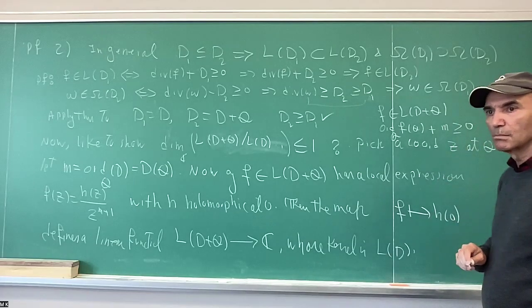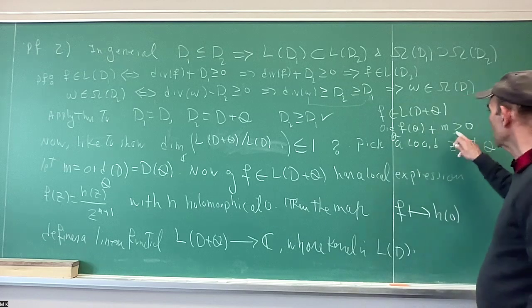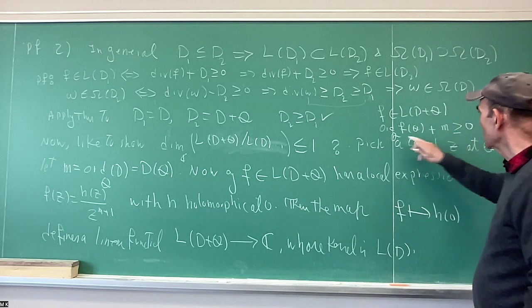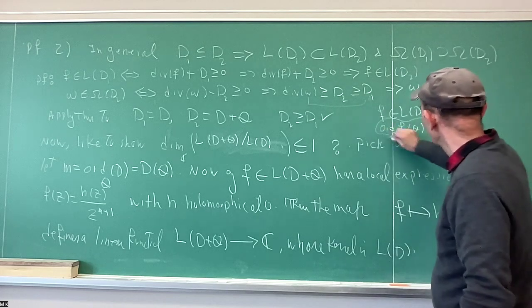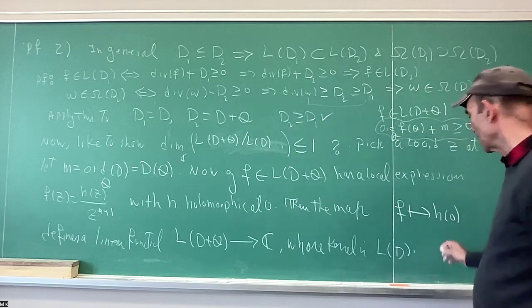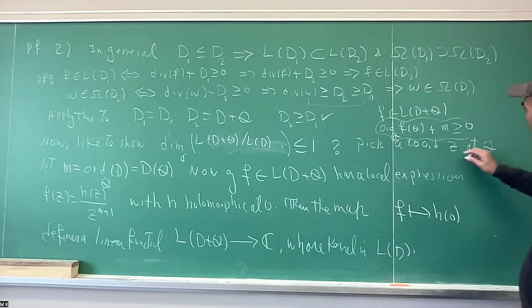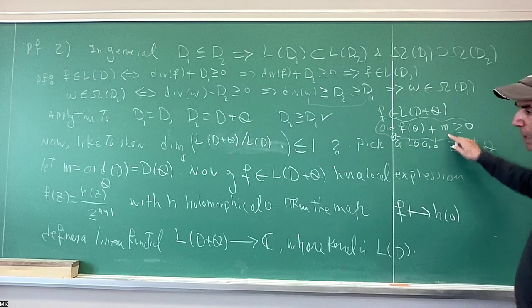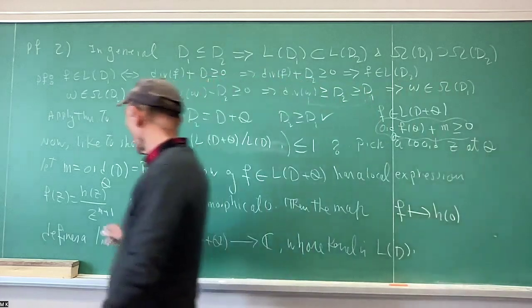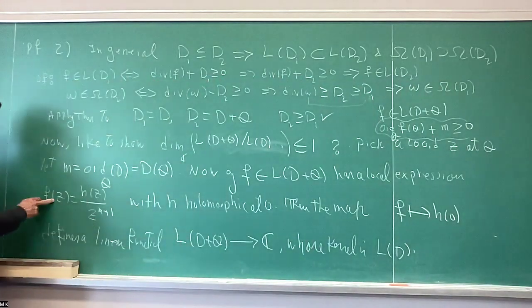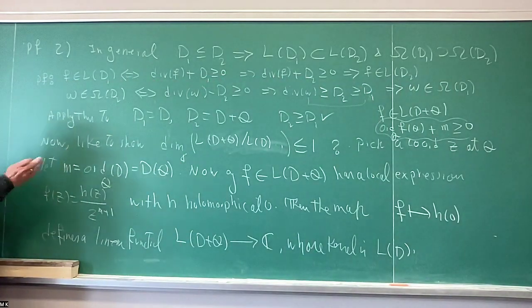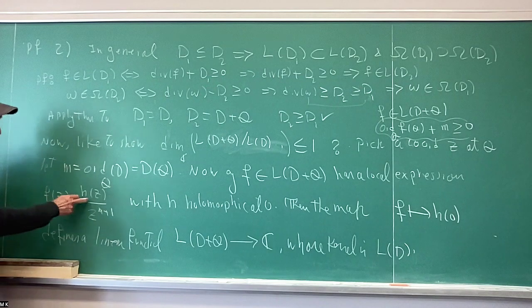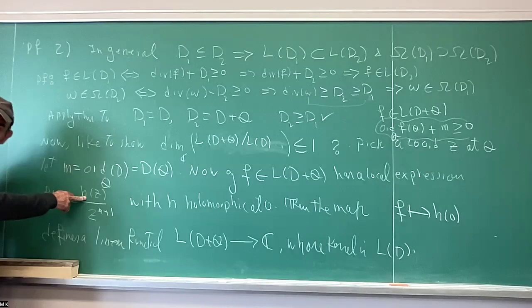So the order of f at Q is bigger than or equal to minus m. So if you multiply this by z to the power n plus 1, it cancels that pole and becomes a holomorphic function at Q, which is locally h of z.